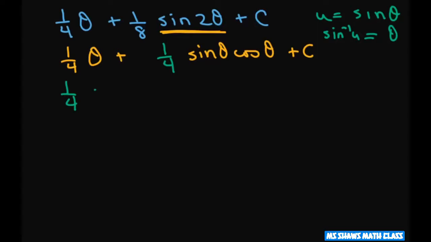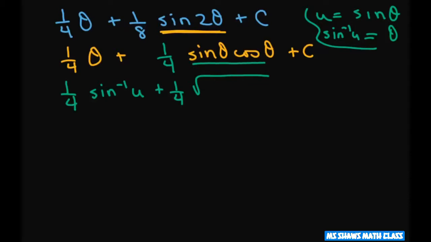So I'm going to write that inverse sine of u. So I'm just rewriting the u parts right now. Plus 1/4, and this part right here is just going to be u times the square root of 1 minus u squared plus c.